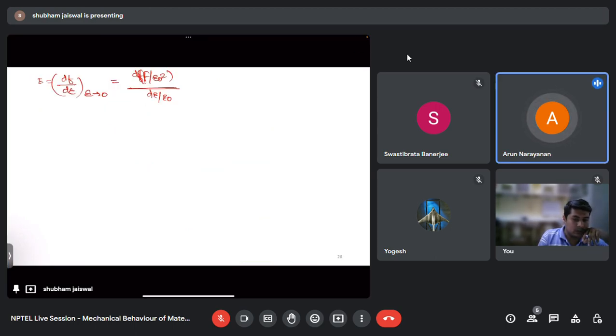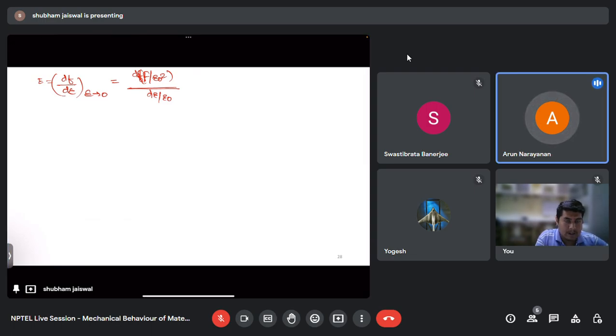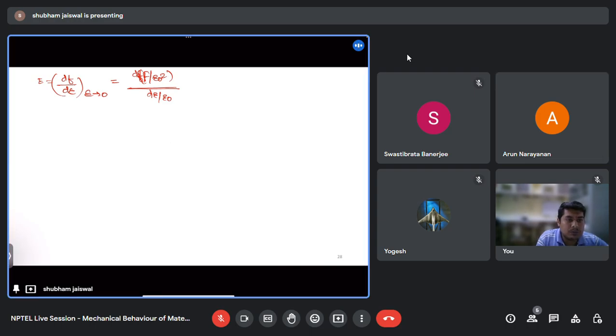D sigma by d epsilon, that is the stress versus strain, stress by strain. In the stress, df is supposed to be d sigma, no, sir? Yeah, you can write d sigma, no problem. I'm just considering for small, so I'll change the notation. Okay, sir.